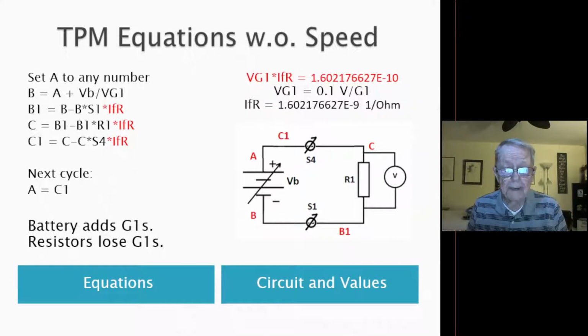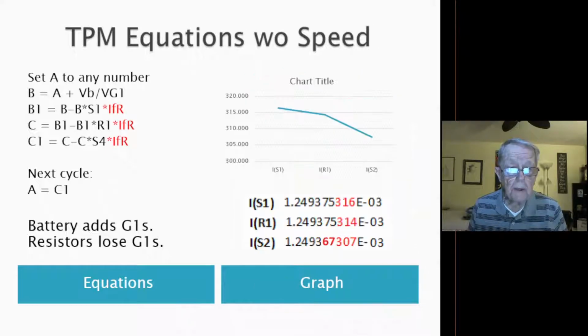In this case, you lose G1, so there's less here and there's less here, so you expect to see it drop, which is the whole point. And sure enough, these are still the same equations.